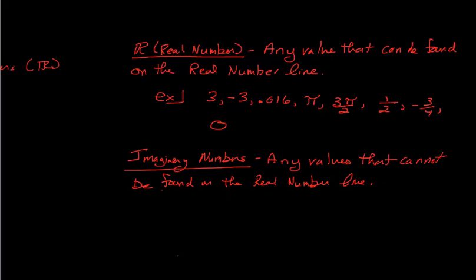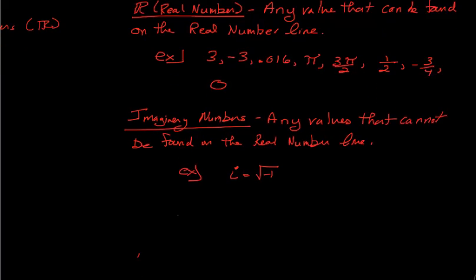The best example that I can give of an imaginary value is the value of i, where i is equal to the square root of -1. Whenever we have a radical with a negative value under it and the index of that radical is even, we know that we're going to have an imaginary value.